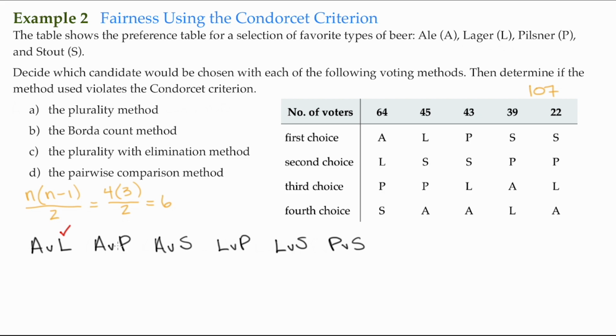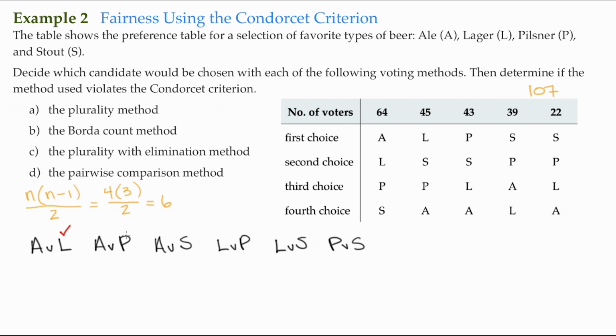We'll try ale and then pilsner. Ale wins right here, 64. Not here, not here, not here, and not here. So ale only gets 64. Then pilsner gets all the rest, which would be 149.